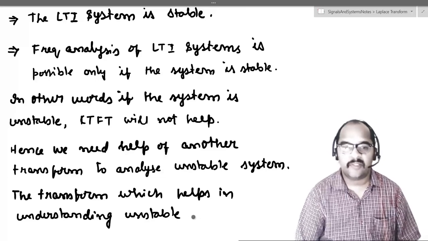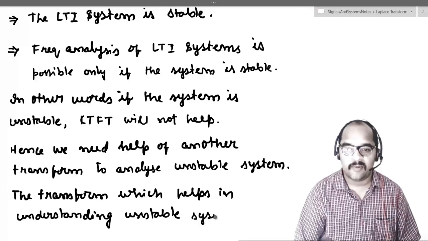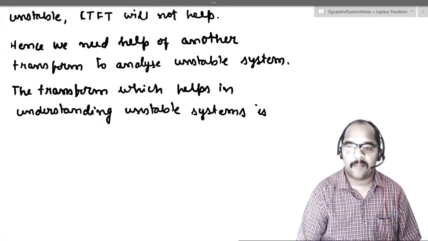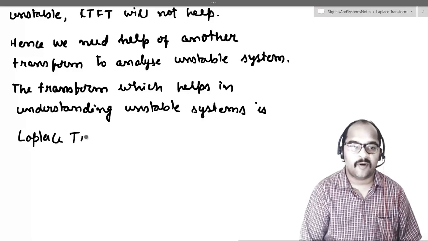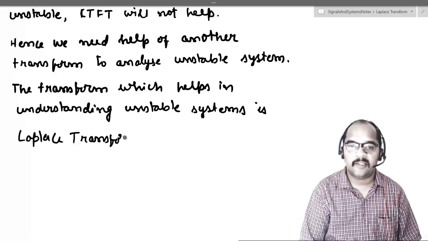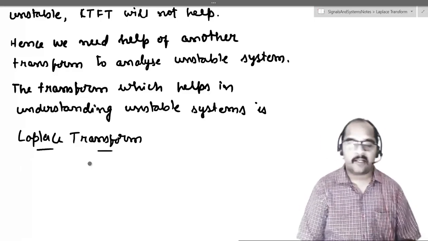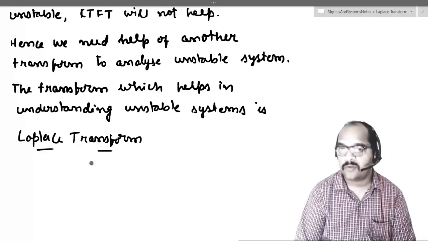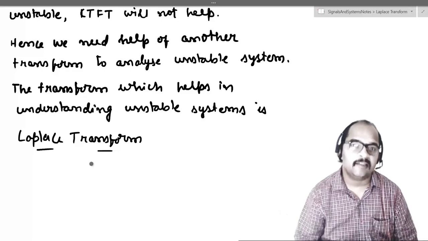This will help us in understanding the intricacies of unstable systems. Note that Laplace transform can also be used to understand stable systems, so it is like a generalization of Fourier transform.